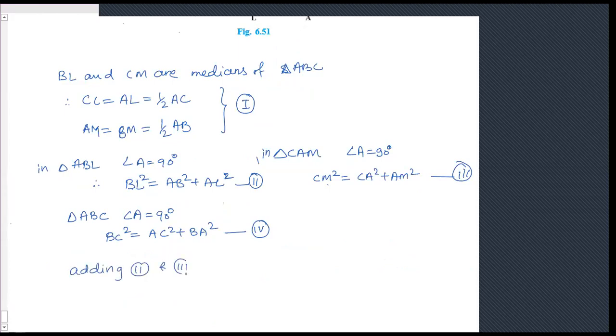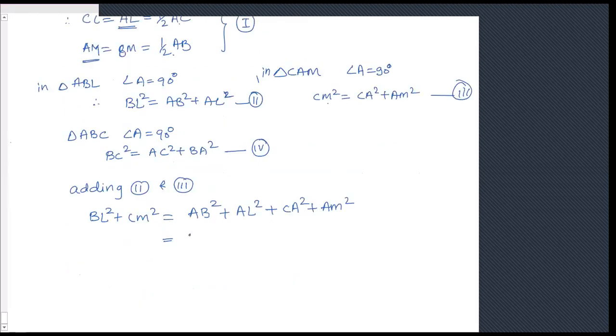Adding 2 and 3, we get BL square plus CM square is equal to AB square plus AL square plus CA square plus AM square. Now AL value is half of AC and AM is also half of AB. We will replace those. AB square plus half of AC whole square plus CA, that is AC square, plus half of AB whole square. Now simplify this.